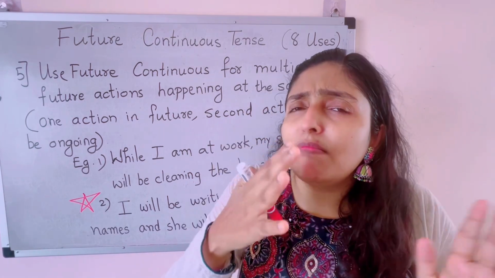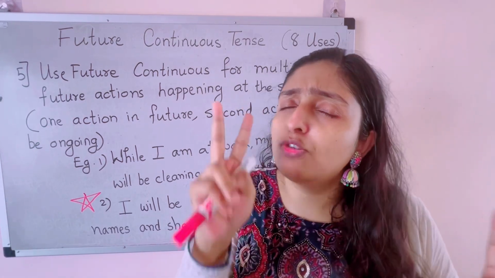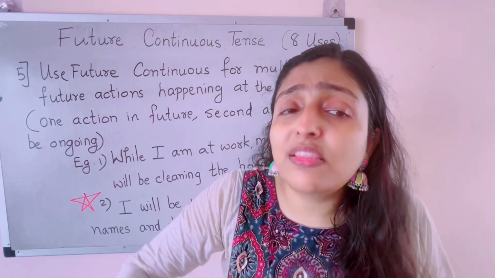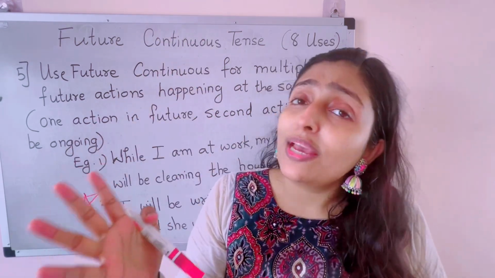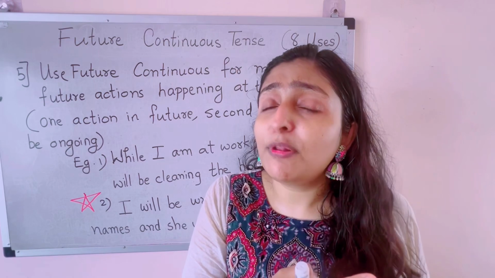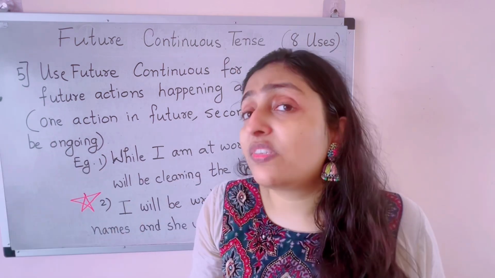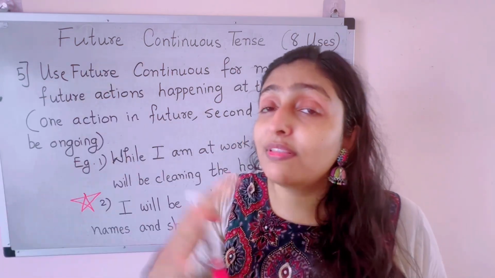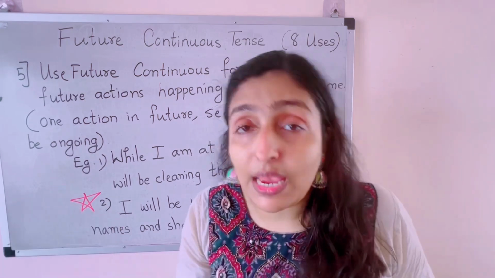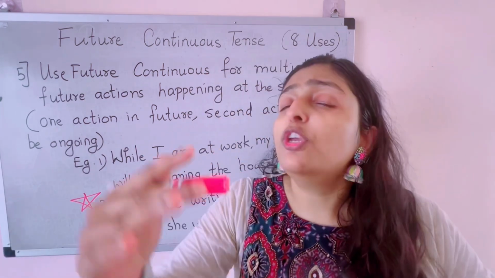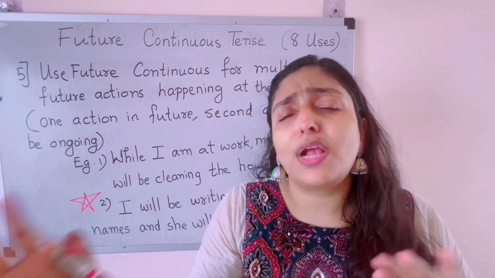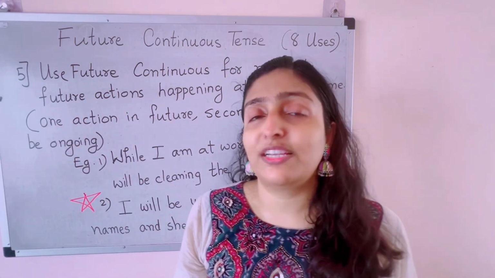So if there are two actions happening at the same time, you can either use present simple for one action and present continuous for the action that is happening simultaneously, or you can use future continuous tense for both the actions.